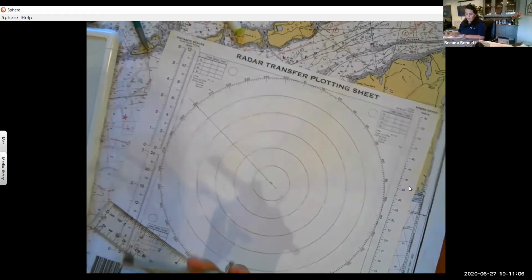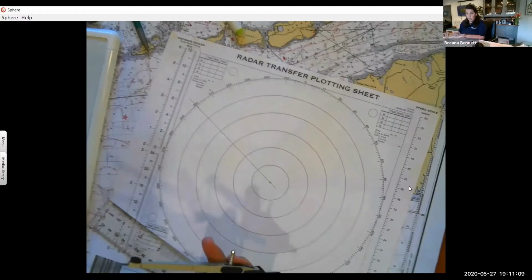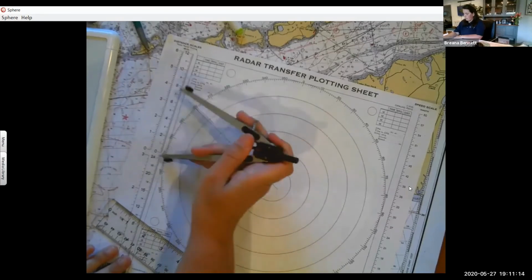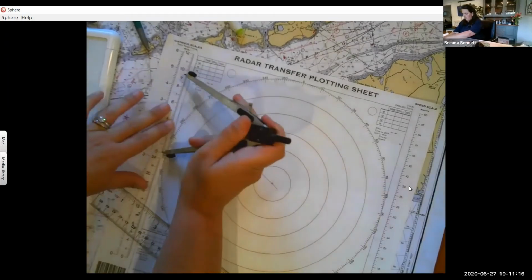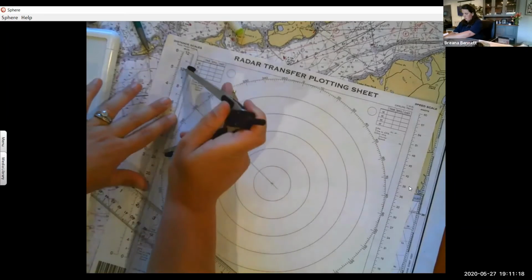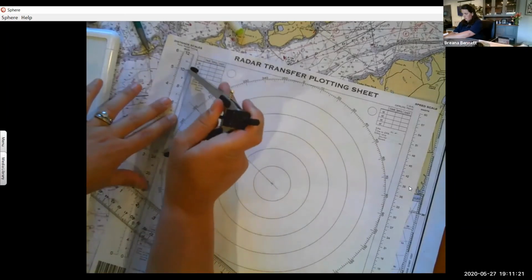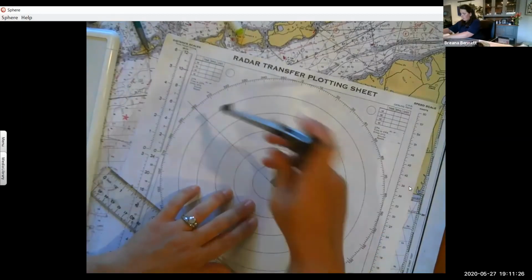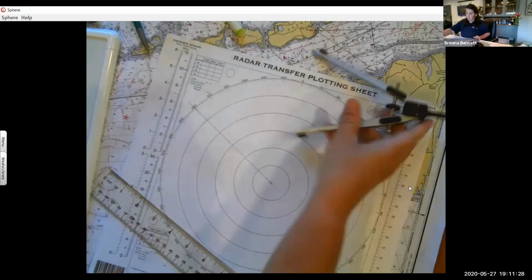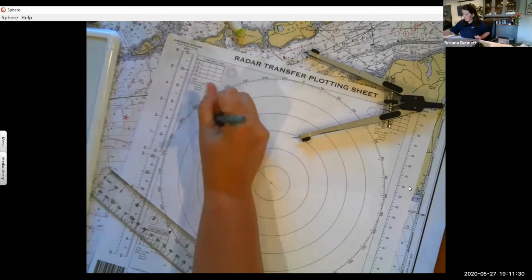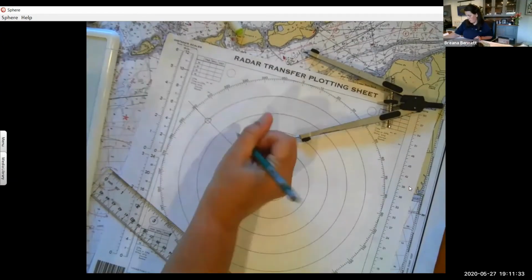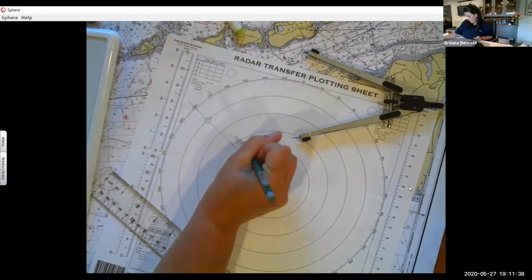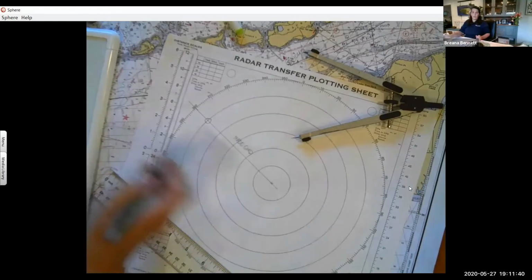If I'm traveling 10 knots in 1 hour, I would go 10 nautical miles. So I find 10 nautical miles right there. This is the end of my made good line. So that's what I want to happen.